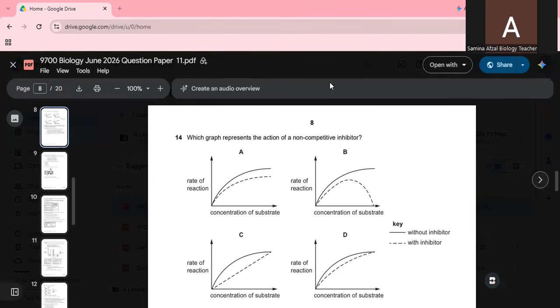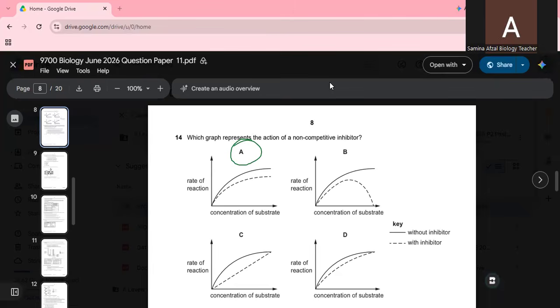As a result, the V maximum rate of reaction is reduced, keeping the plateau of the inhibited curve lower than the uninhibited curve across all substrate concentrations. So according to this, you can see in graph A, the rate of reaction has been decreased when there is attachment of a non-competitive inhibitor.